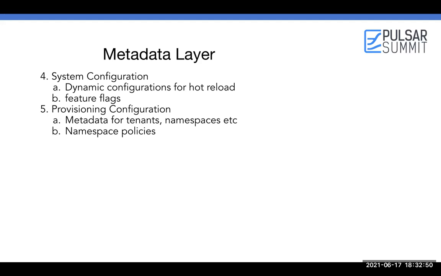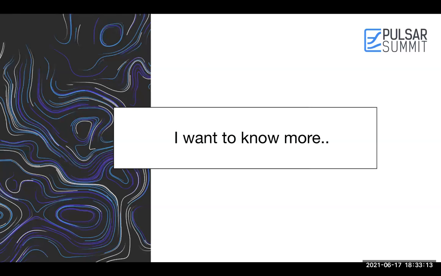And then there are feature flags that you can keep on Zookeeper watches again. Then there is provisioning configuration, like metadata for tenants, the exact configuration for a namespace, which is technically namespace policies, tenant to namespace mapping, namespace to topic mapping, and all those things that are kept in the Zookeeper layer. So that's it.